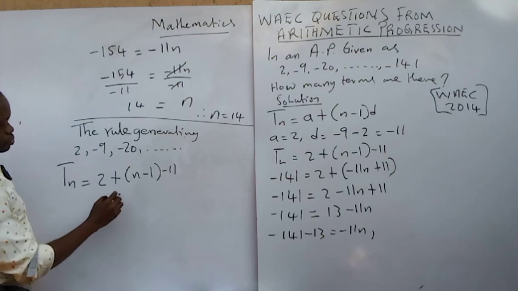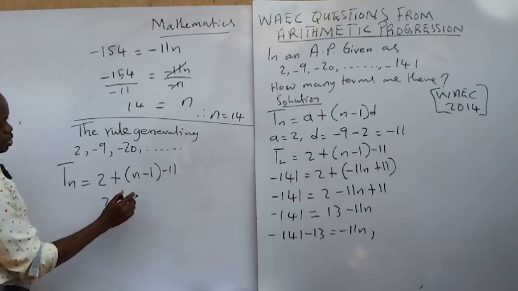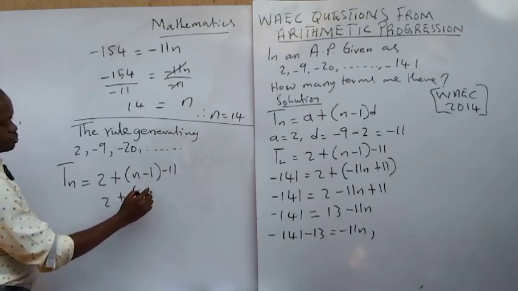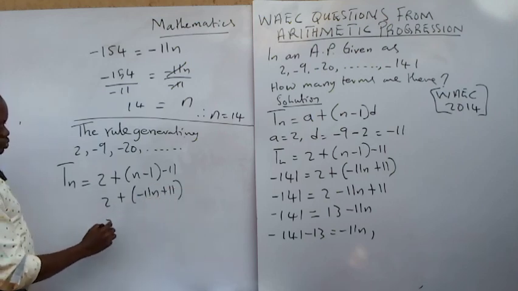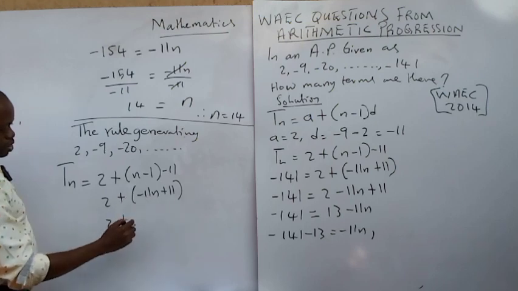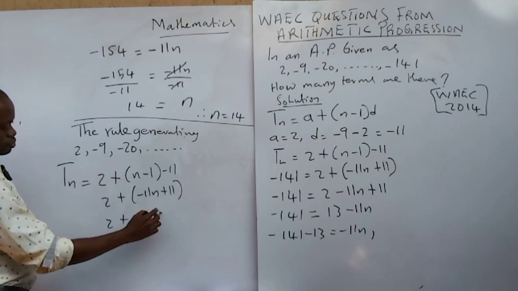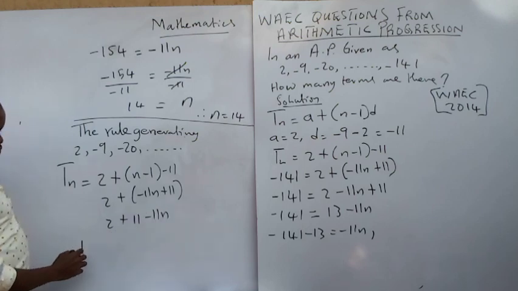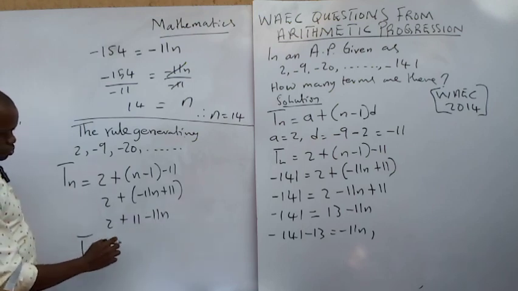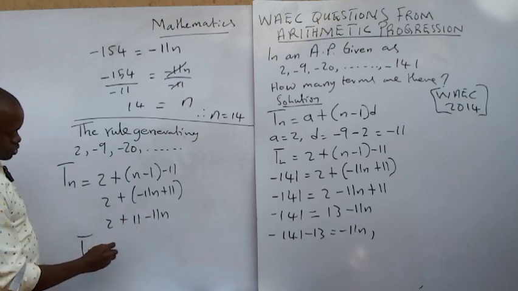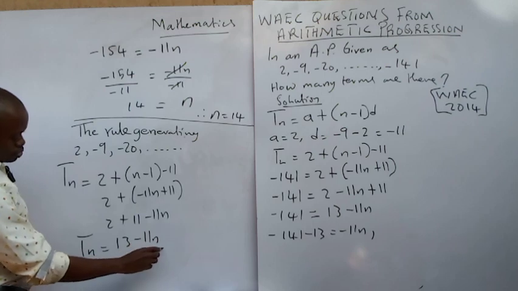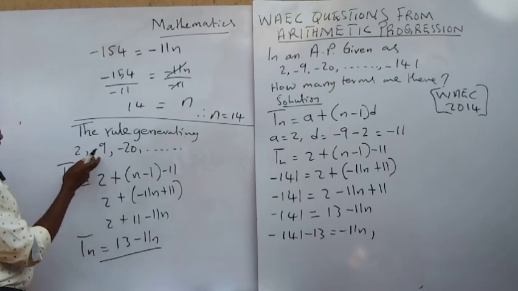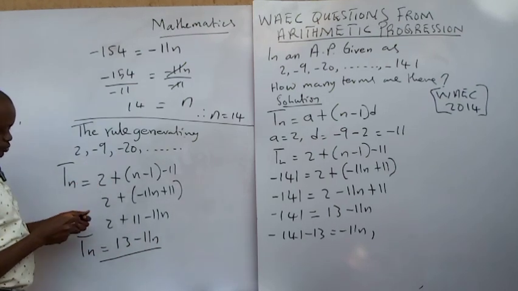So this is 2 plus, in bracket, minus 11n, then plus 11, which will give us 2 plus 11, then minus 11n. By implication, Tn is equal to, this and this will give us 13. So we have 13 minus 11n. This is the rule that is generating this sequence.